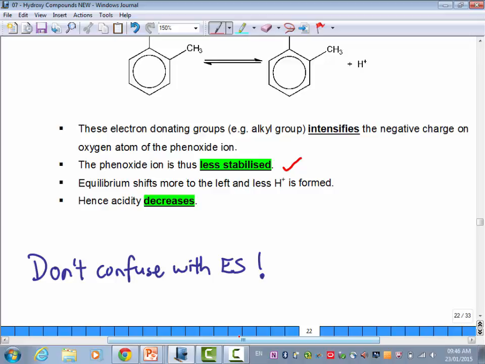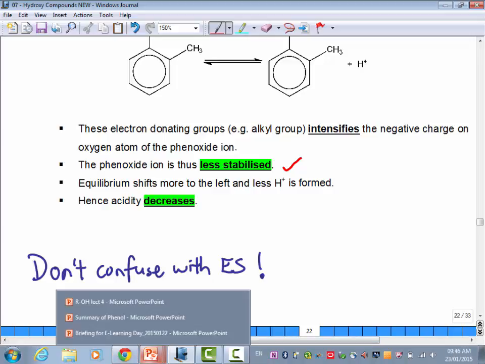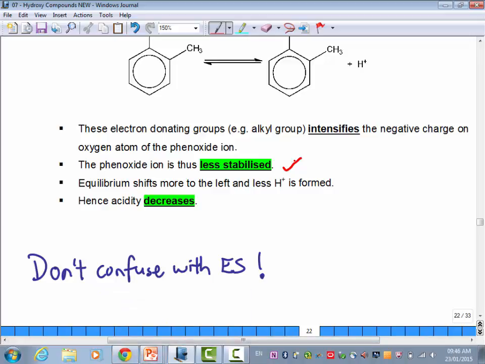The outcome is actually opposite in this case when we talk about acidity. When you have an electron donating group, it is making the phenol less acidic. Also, don't confuse this. I think it is important; this part tends to come out often in explanation-based questions.